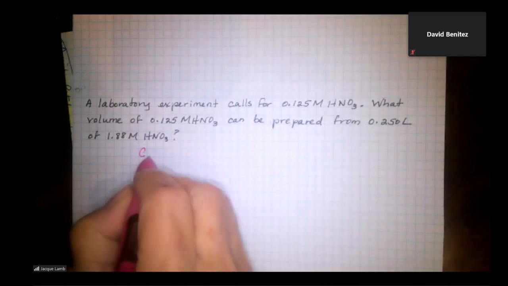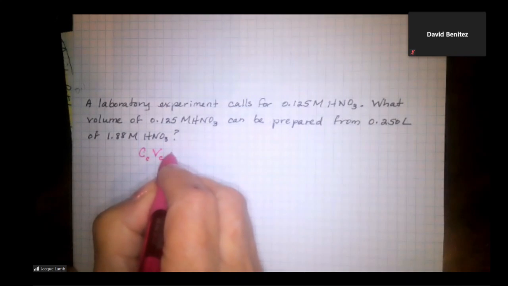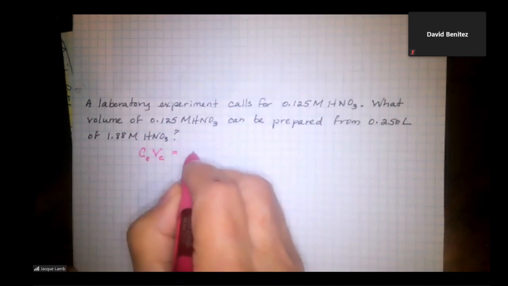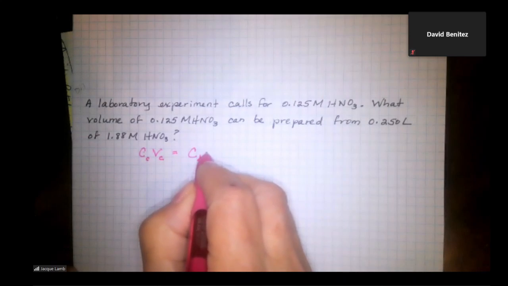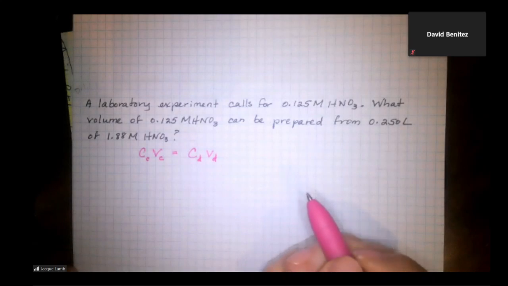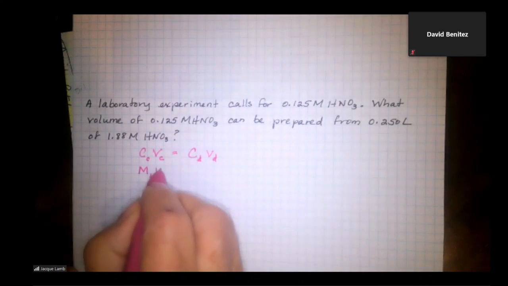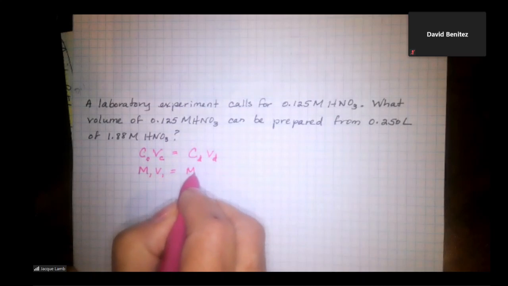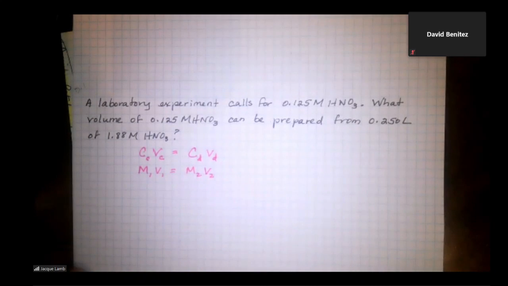The concentration of the concentrated solution times the volume of the concentrated solution should equal the concentration of the dilute solution times the volume of the dilute solution. That's the formula we're going to use. Many of you may have learned this as M1V1 equals M2V2. Doesn't matter, either one is basically the same.